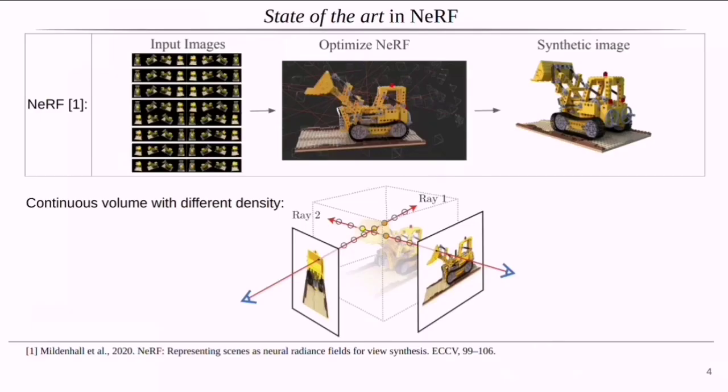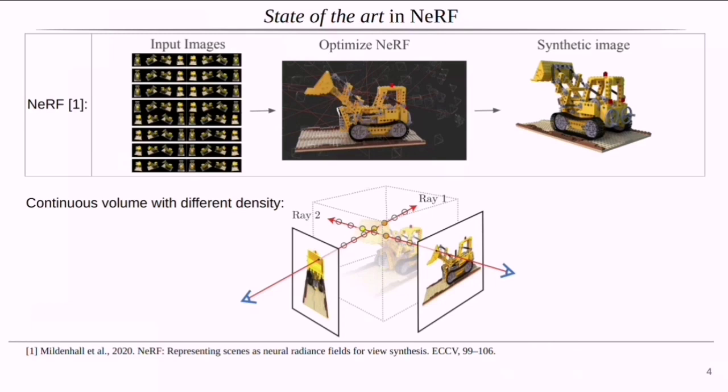NeRF was presented in 2020, and it has become more and more popular in photogrammetry and computer vision. It takes around 100 images for a small scene like this Lego. It considers the scene as a continuous volume with a different density at each point.